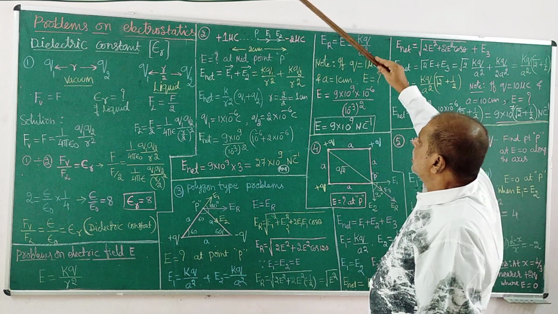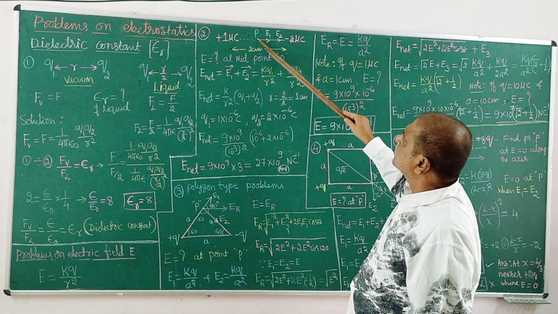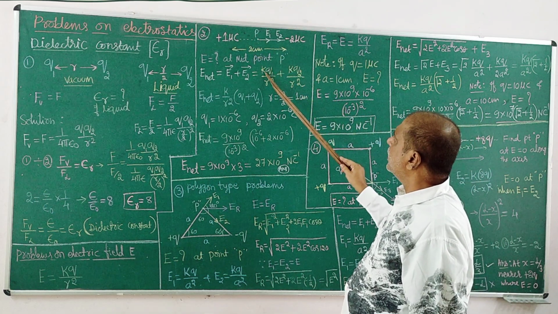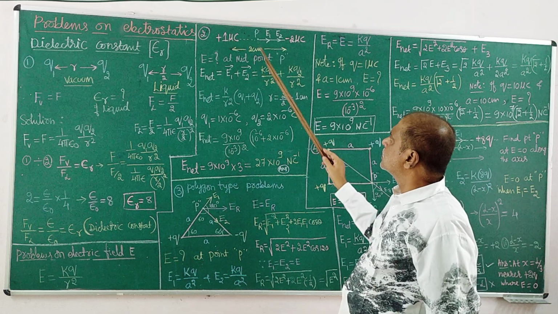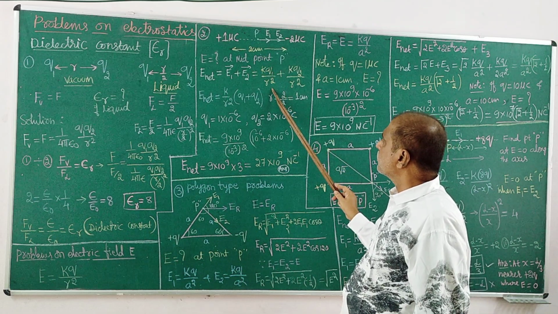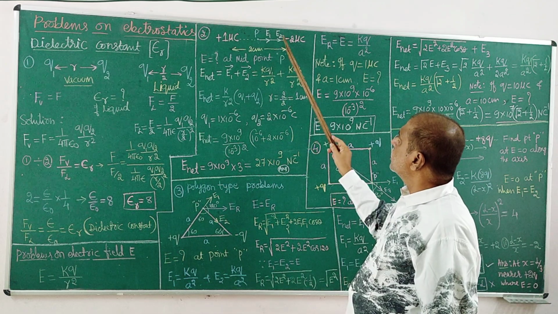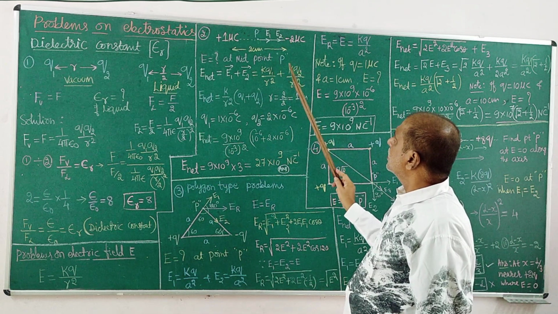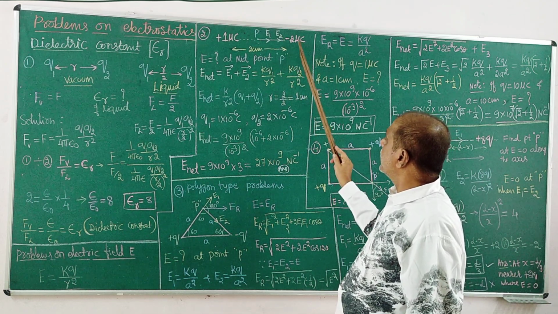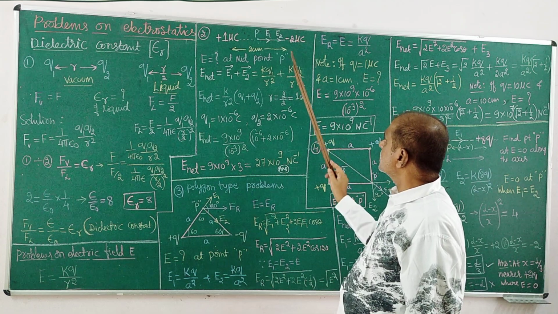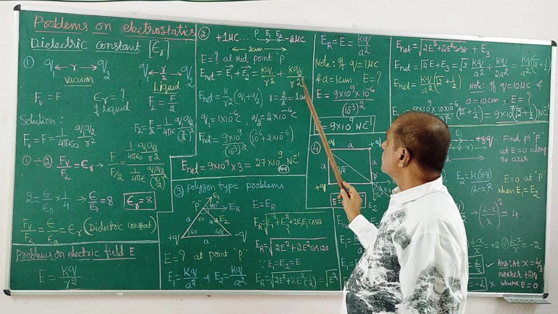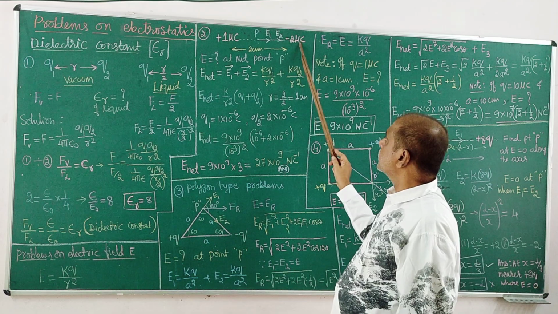The electric field at this point due to the charge is k into the magnitude of the charge Q1 divided by r square, the distance of separation. E2 is equal to k into the magnitude of charge Q2 divided by r square. Here Q2 is equal to minus 2 microcoulomb.